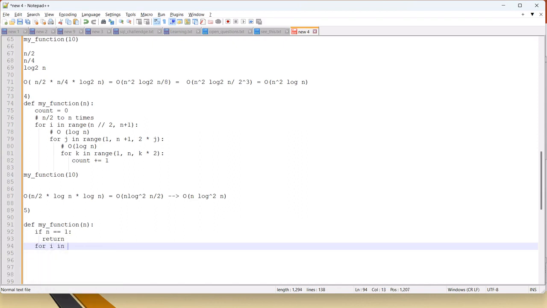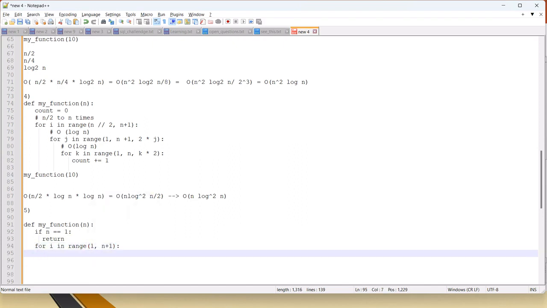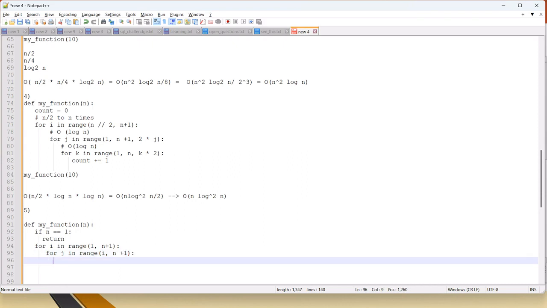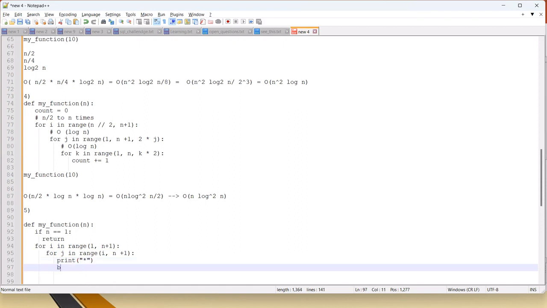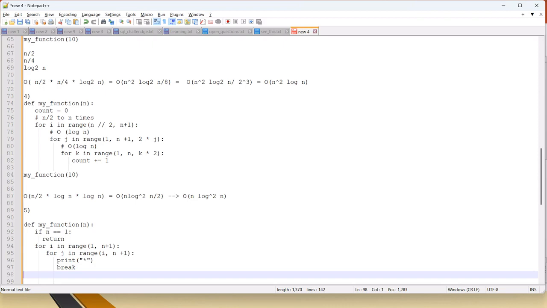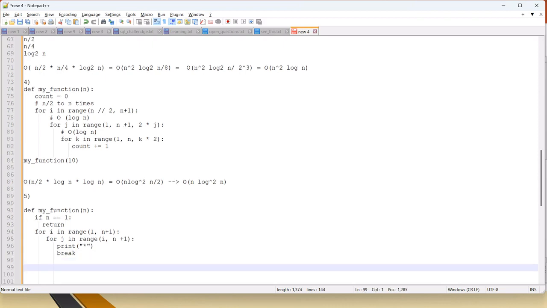For i in range of 1 comma n plus 1, okay? Now similarly we have another inner loop, for j in range of i comma n plus 1, then we print stars, but here we will use a break statement.